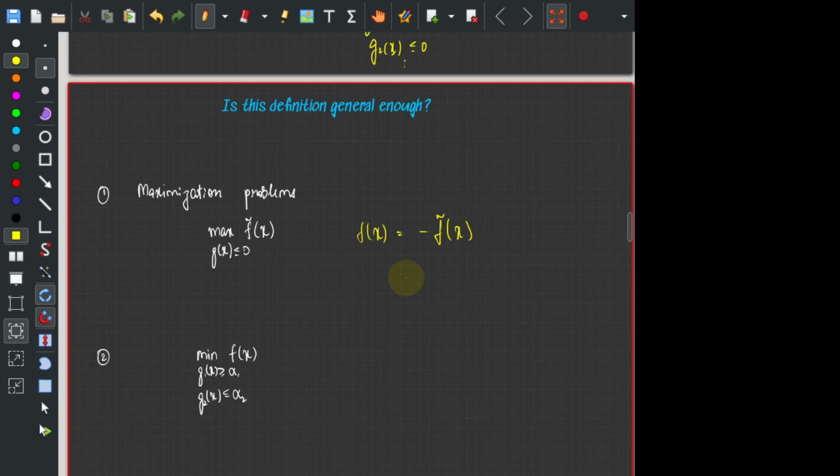Is this the only way you can do this? Yeah, I could have taken 1 upon f tilde of x, right? So maximizing f tilde of x is the same as minimizing 1 over f tilde of x. Right? Any other solutions?